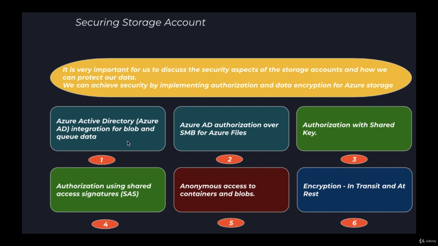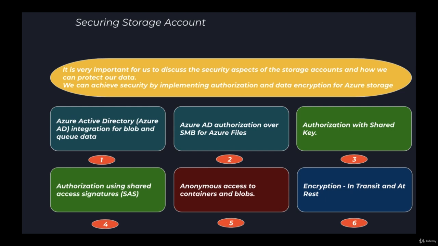So these two options we have for Azure AD: this is for the blob and queue data, and this is for the files or directories while using the SMB protocol. We will be using the Azure identity so that different users can have access to different files as per their requirement or the data they need to access.